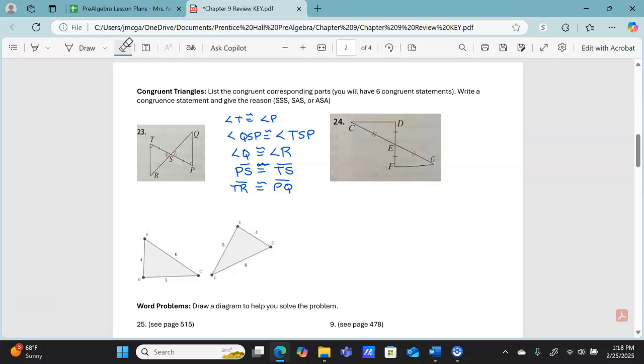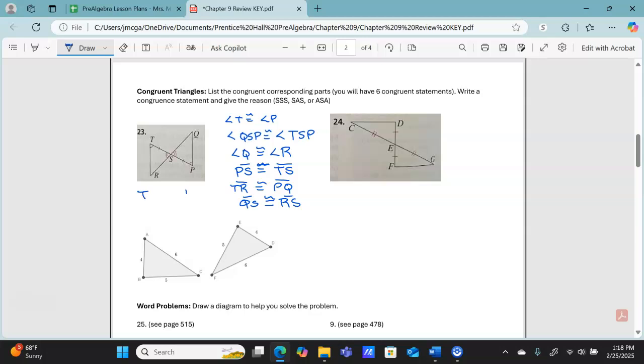And then the last thing would be Q to S and R to S. QS and RS. Now the congruent statement: T and P were congruent, and S was congruent to itself, and Q and R were congruent. So there's your triangle congruent statement.